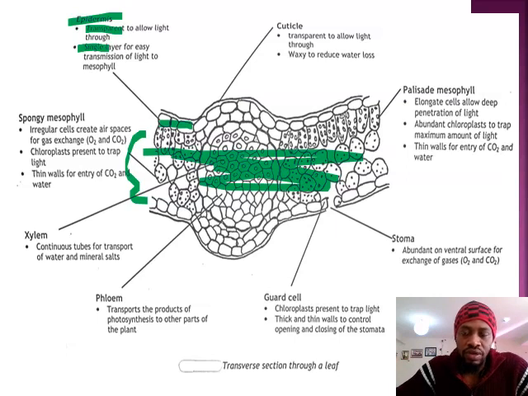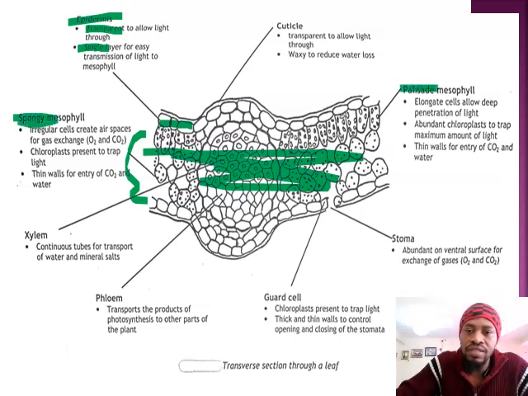So we're moving from the level of organization of the organ, that's the leaf, to the tissue level of organization, where we find the mesophyll, which is also a tissue made up of two types of cells. We will have the spongy mesophyll and the palisade mesophyll.